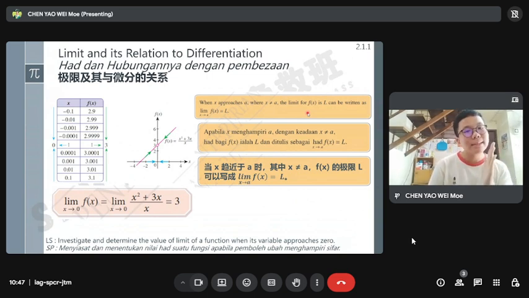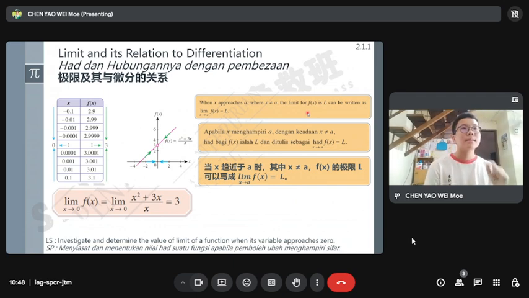If you learned functions in Form 4, when you do a reciprocal function, the denominator cannot equal zero. For example, x cannot equal 3. If you put x equal to 3, then 3 minus 3 is 0, so you cannot get the answer; it will be undefined.